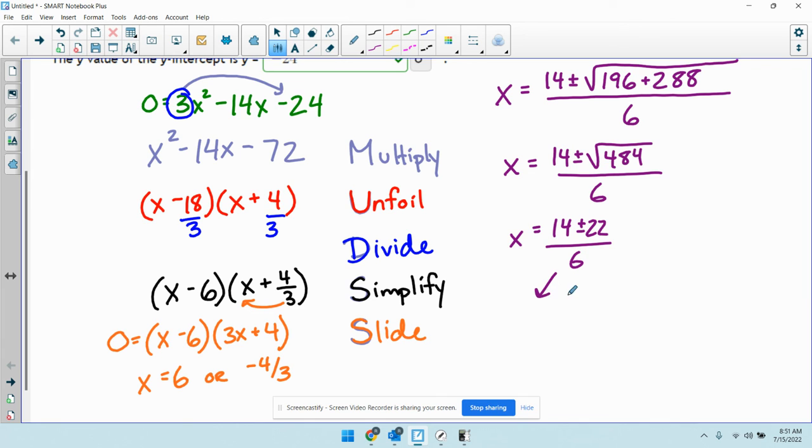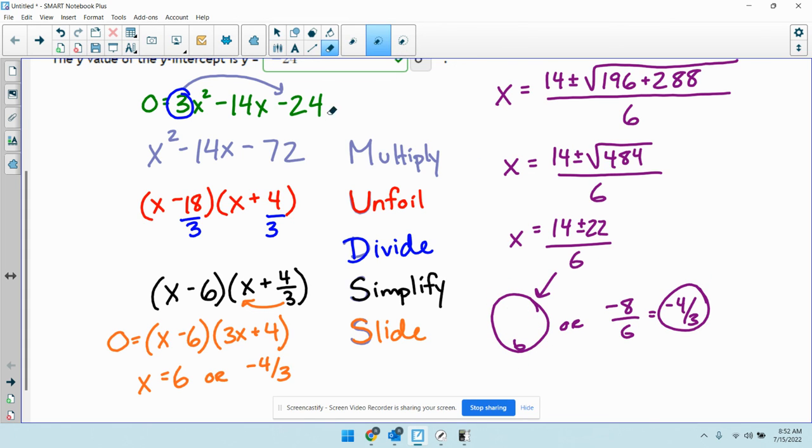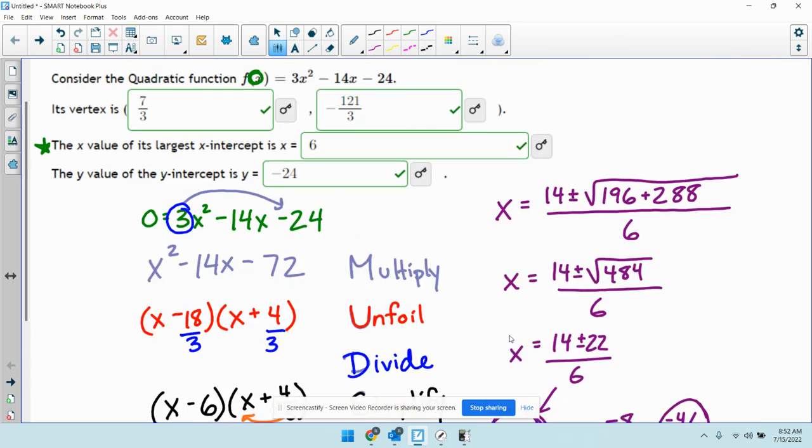So we get 14 plus 22, that's 36 over 6. Or 14 minus 22, which is negative 8 over 6, which is negative 4/3. And let me reduce that. So our answer here is still 6.